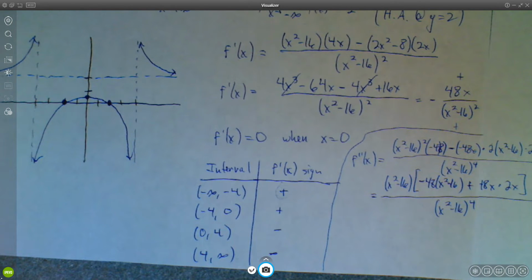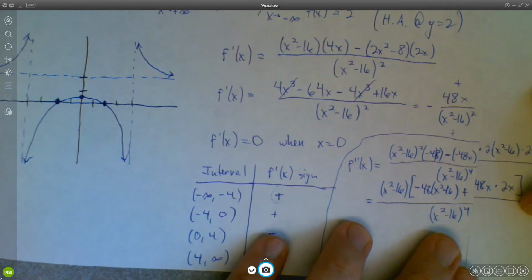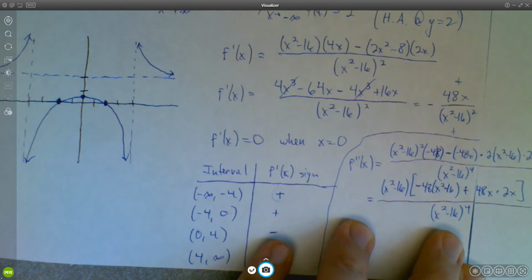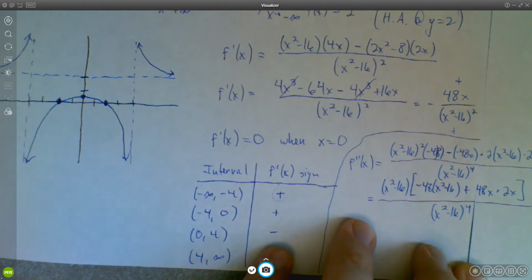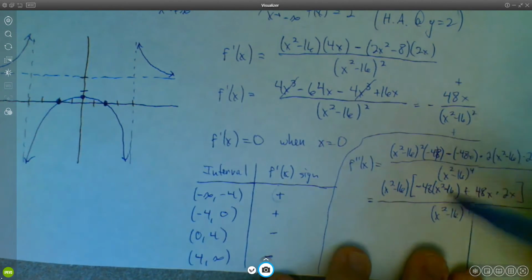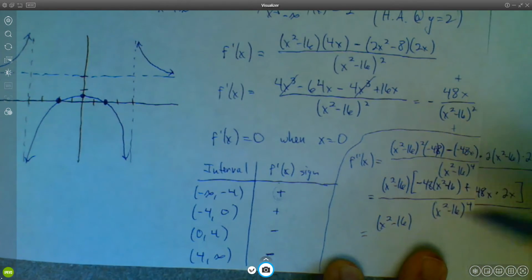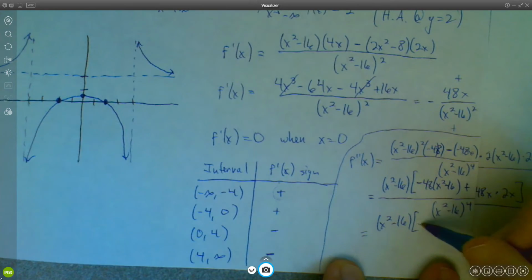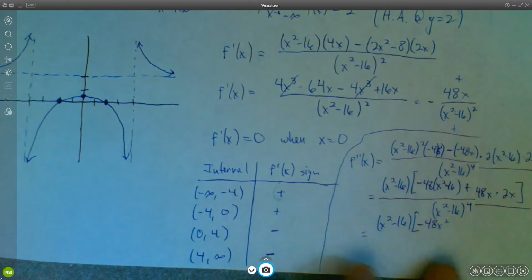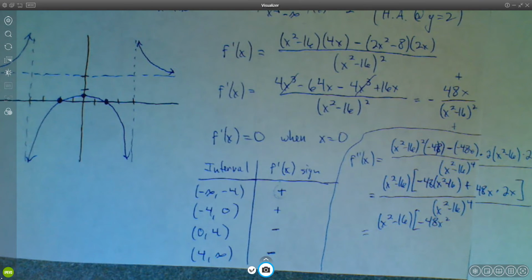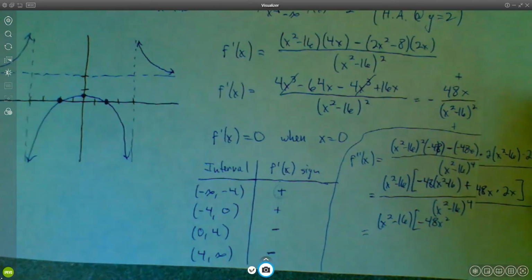Okay, I can clean that up a little bit more as well. 48x, well, first of all, I can distribute the negative 48, right? So I can call this x squared minus 16 times negative 48x squared. 48 times 16 is 768, right?